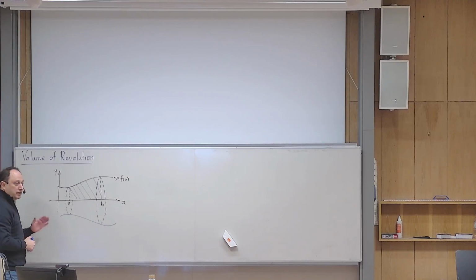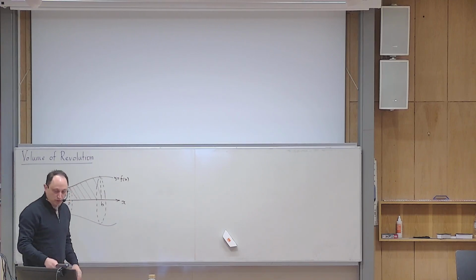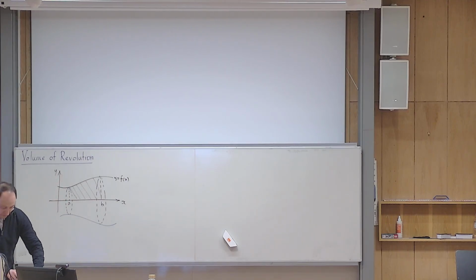And I don't know if you have already seen the video about the areas, how I come up with the area formula, that is more or less the same thing. So here, what I want to do, I want to partition this interval to smaller pieces. So let me concentrate on one of them.